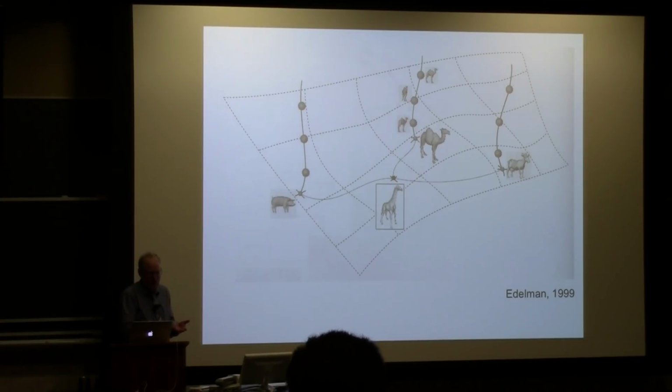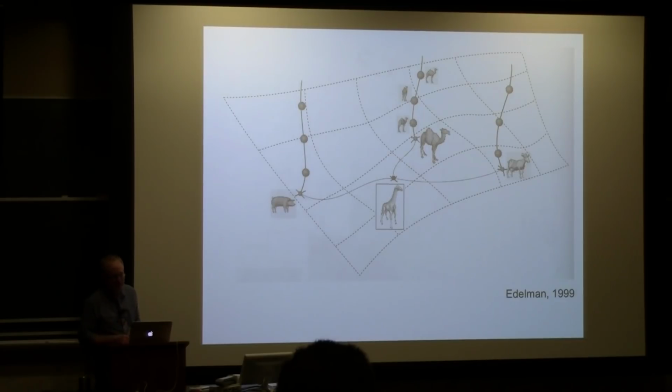So if you see a goat many times, then you're going to jack up synaptic weights for all the inputs that are activated when you see a goat, and you'll have neurons that are responsive to that pattern of inputs. But it's an unspecified, magic mechanism.